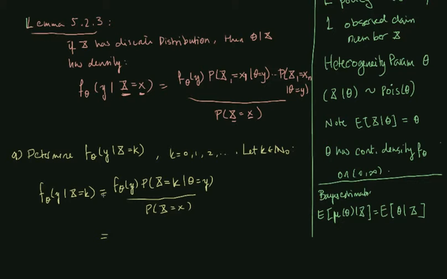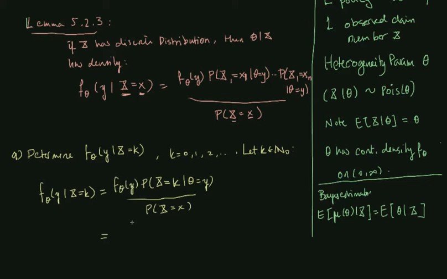Let us recall the probability mass function, the point probability in the Poisson distribution, since we know that x given theta is Poisson distributed.